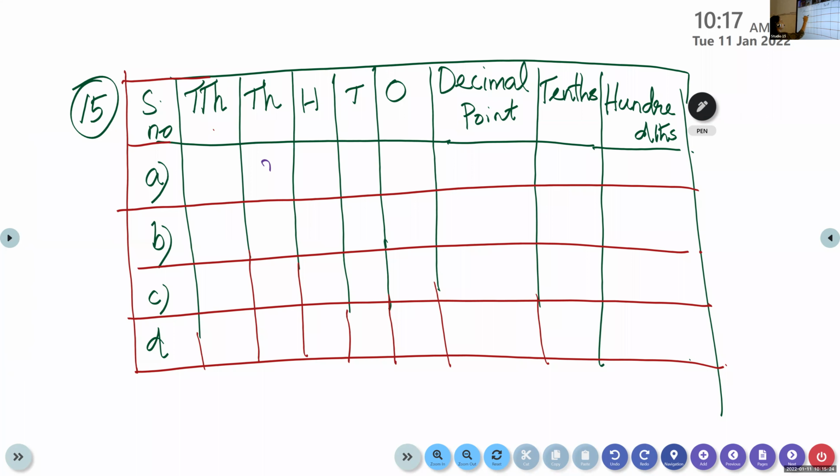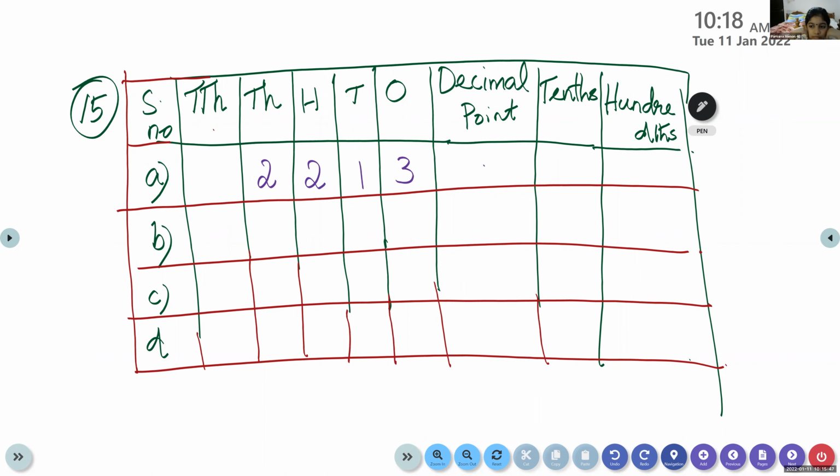In thousands place. Then 2 again in hundreds place. Then 1 in tens place. 3 in ones place. 9 in tens place.